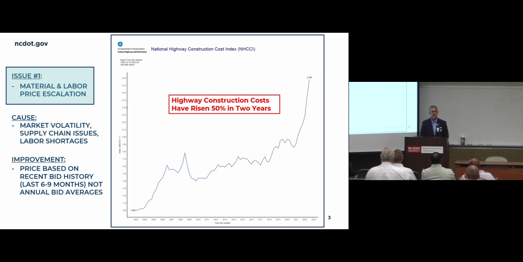And I would recommend that if any division personnel or consultants are working on estimates, that you do that as well. Really look and concentrate on the most recent bids that you've had, because those are going to be a better reflection of the current market than using things like historical bid averages or more historical cost figures.